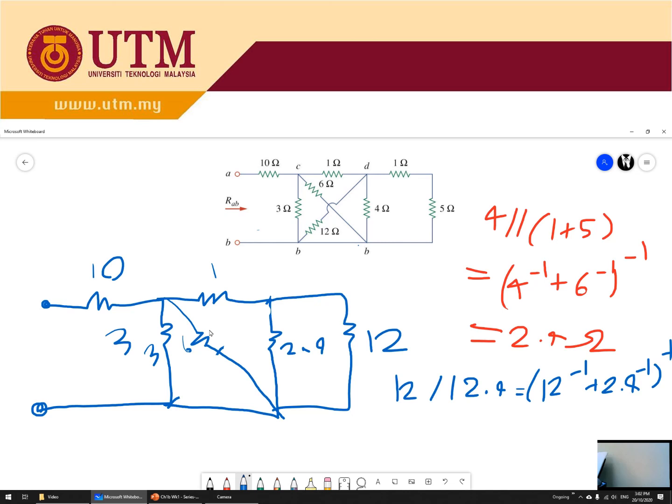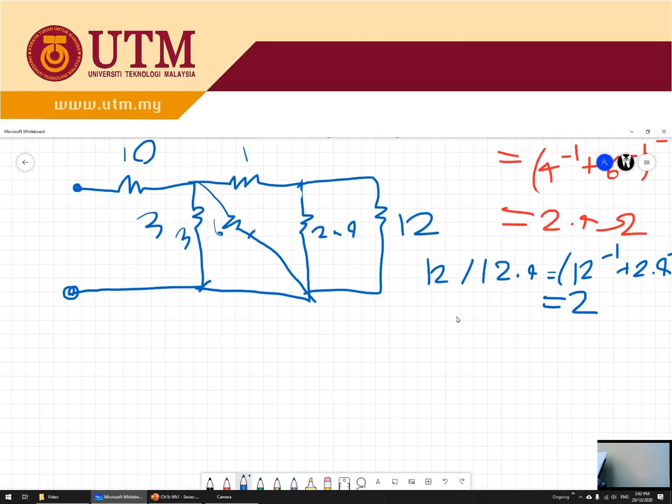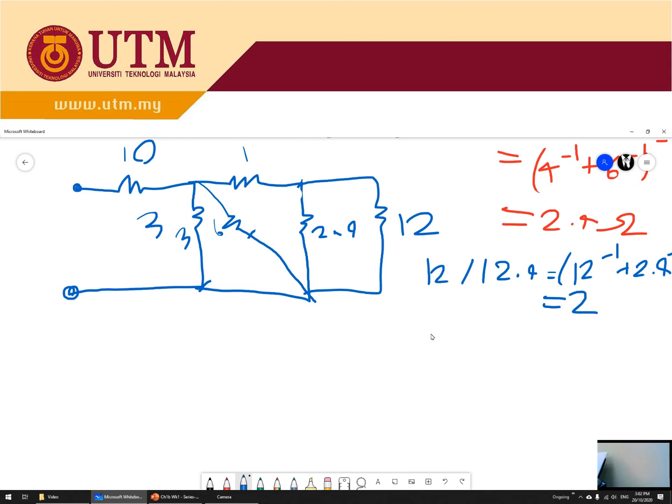The answer is 2. Okay, then you redraw again. Just to avoid confusion, better you redraw.